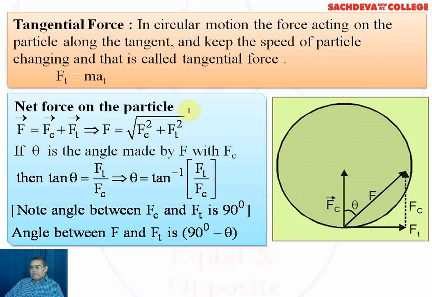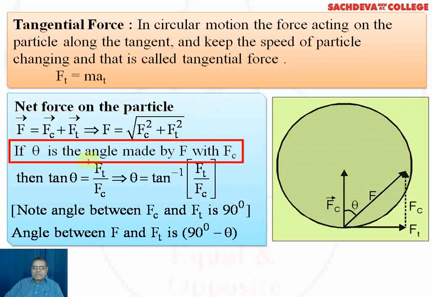In the right angle triangle formed in the figure, the hypotenuse square will be equal to the sum of the squares of the two sides. So the net force on the particle is F, and F is equal to the square root of Fc square plus Ft square.